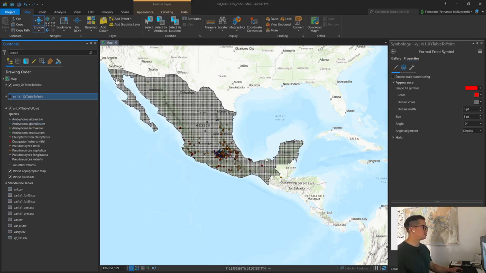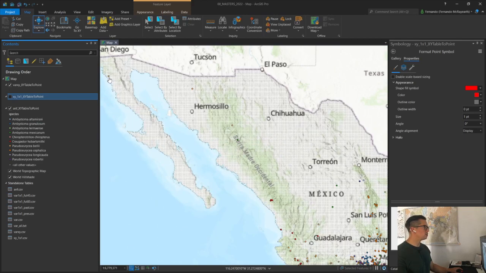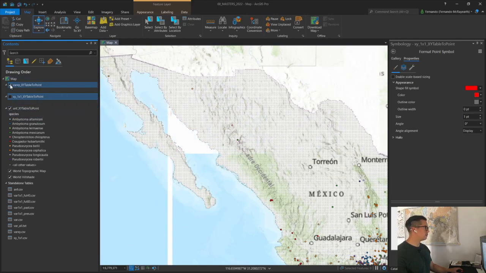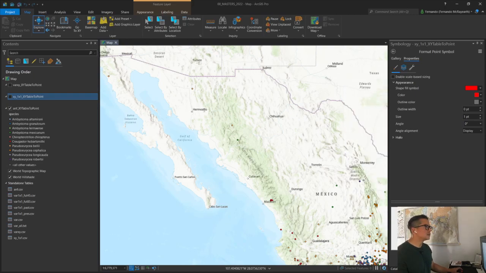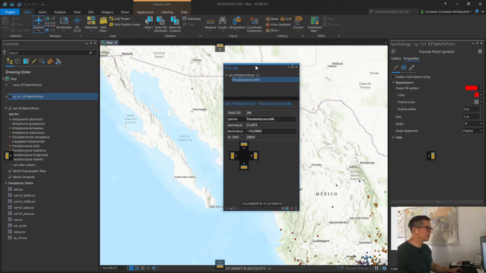In this case, we have the biggest distribution report for this species.